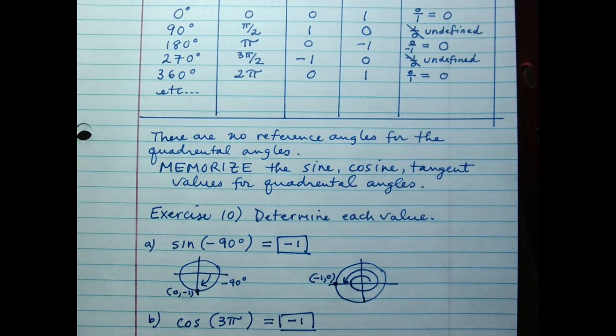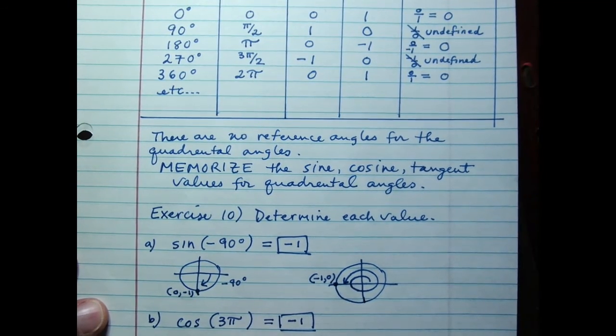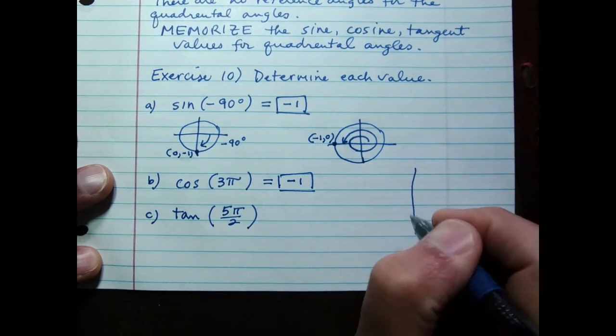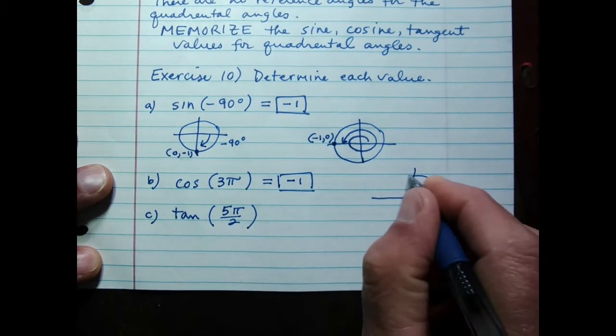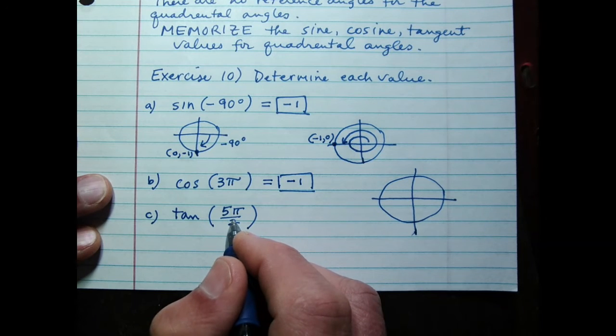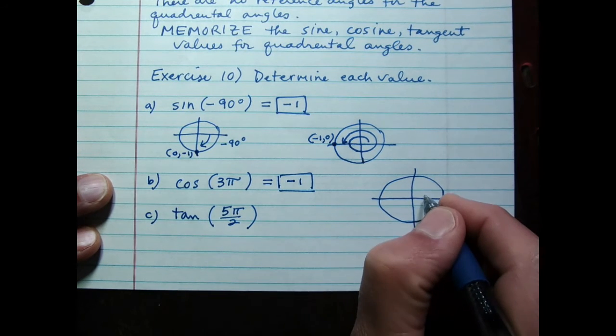And one more here. Let's do tangent of 5 pi over 2. Let's imagine where the terminal side of 5 pi over 2 is. I'm going to think of that as 5 times pi over 2.